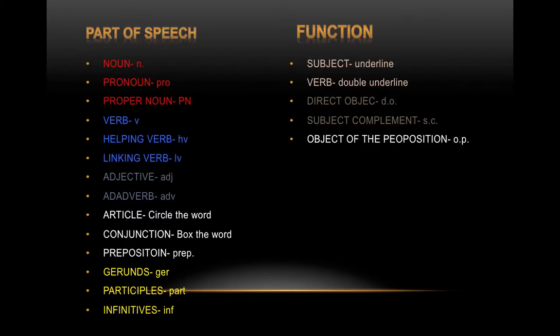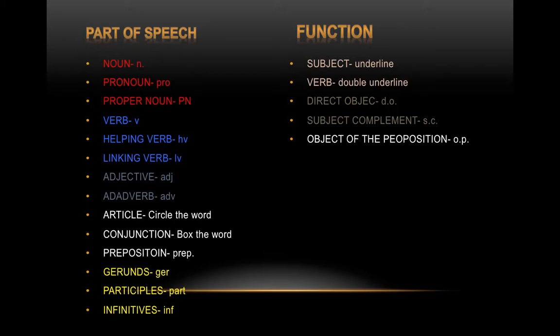In our sentences, there are lots of parts of speech, for example noun and proper noun, and each part of speech will have a specific label. For example, for noun we use n. For pronoun we use pro. For proper nouns we use capitalized PN.